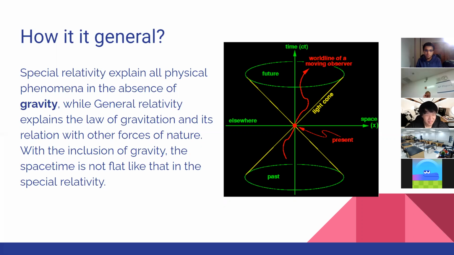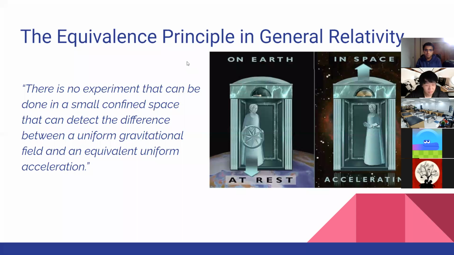So you can imagine that all objects moving in free motion will move in a straight line across space-time. But when there is something that has mass, the lines are curved so that the object will move in a round motion, and this curving is gravity.